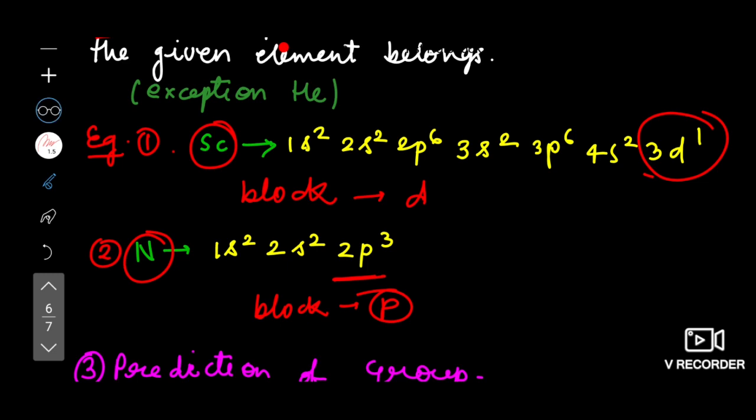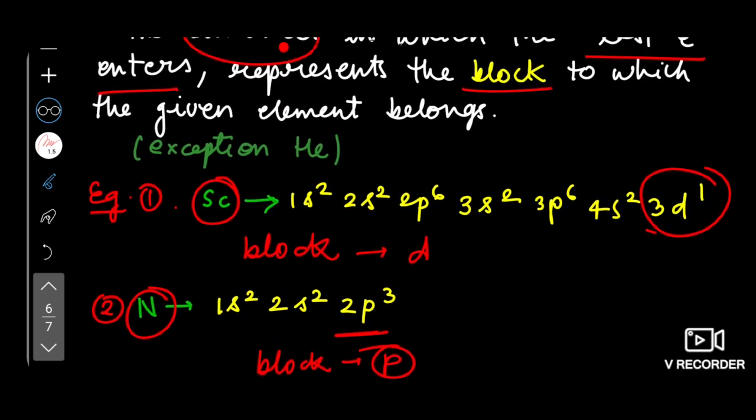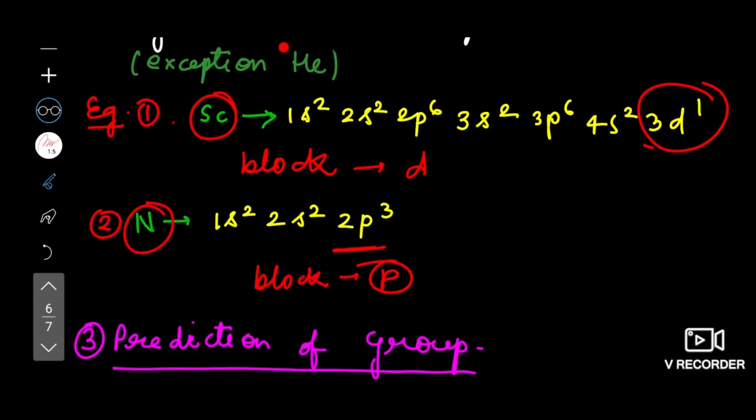discussed two things, that is, first the prediction of period, and second the prediction of the block. For the prediction of period, just find the highest quantum number in the electronic configuration of that element, and for the block, just find the subshell in which the last electron has entered, and that will be the block of that element.